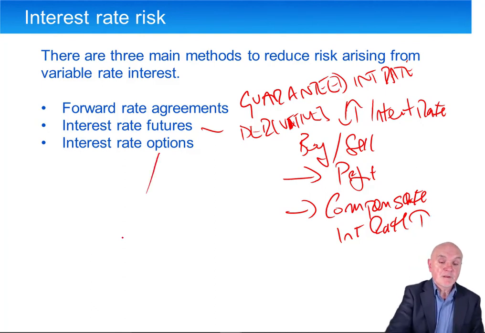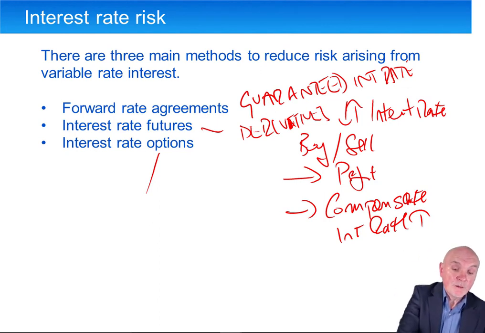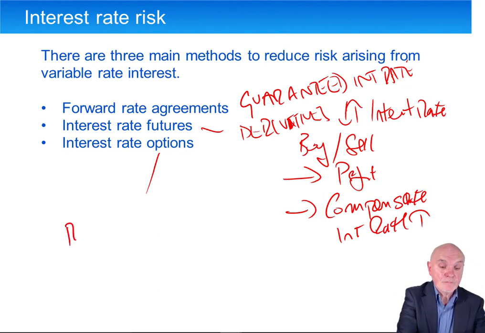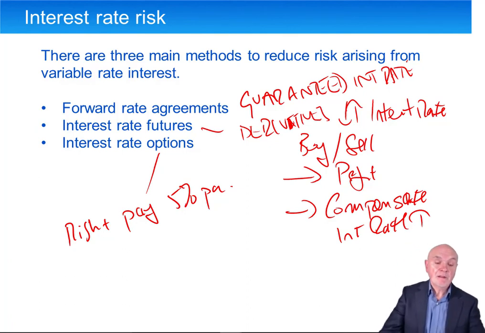And finally, we have interest rate options. And just like with currency options, you could say, I have a right maybe to pay at 5% per annum. And you pay for that up front. You pay for this right. I'm going to be borrowing £1 million, and I want a right that the interest rate is going to be 5%.